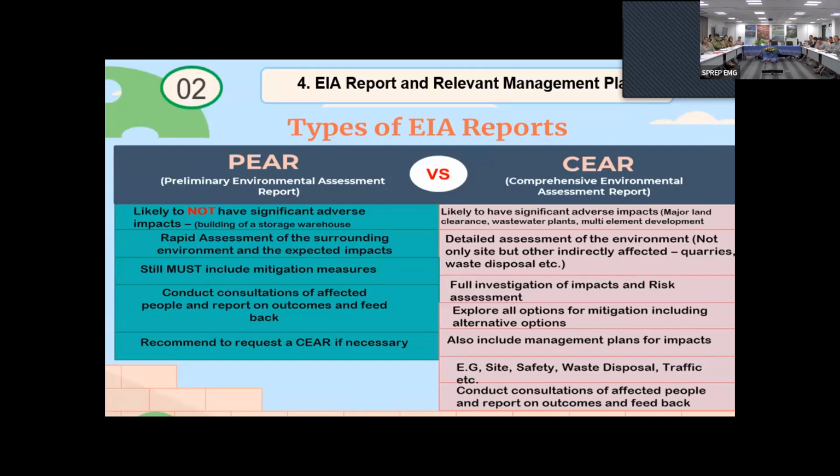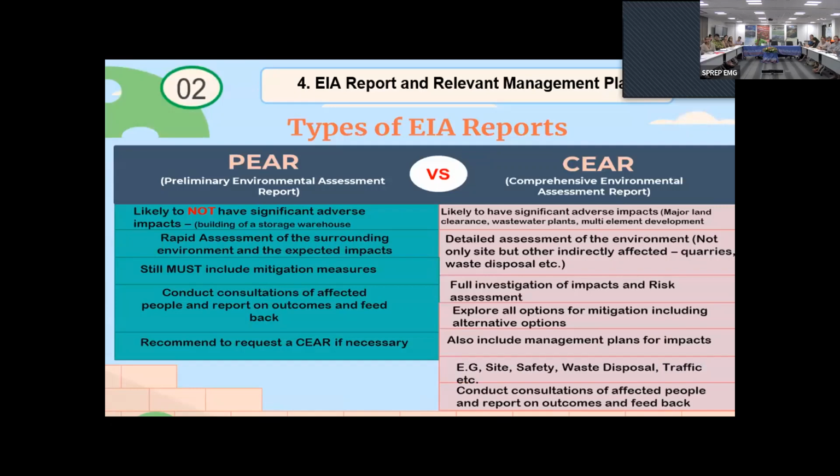So this is a comprehensive environmental assessment report. It's a full investigation of all impacts, and it's a risk assessment as well. You have to do a very comprehensive exploration of all options to mitigate all the impacts that the assessment has found, and also give the alternative options to actually doing the activity that generates an impact.